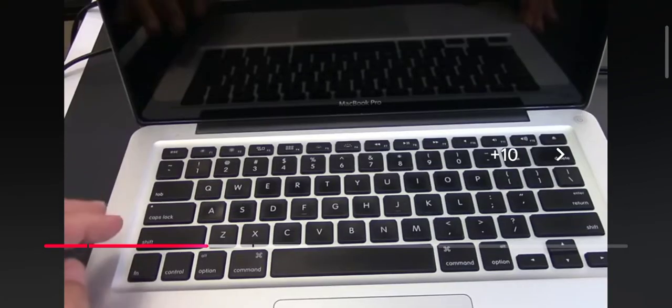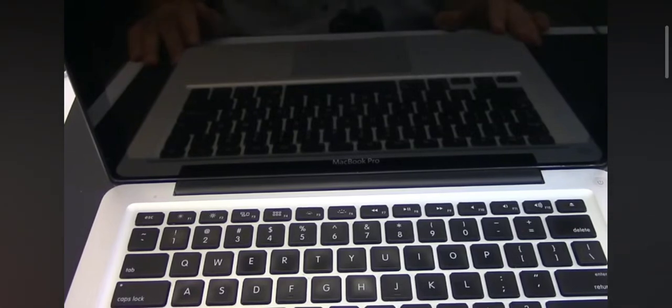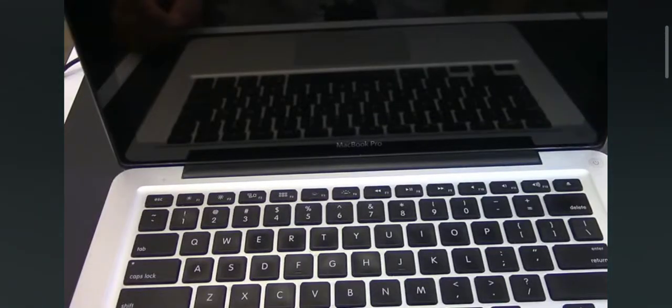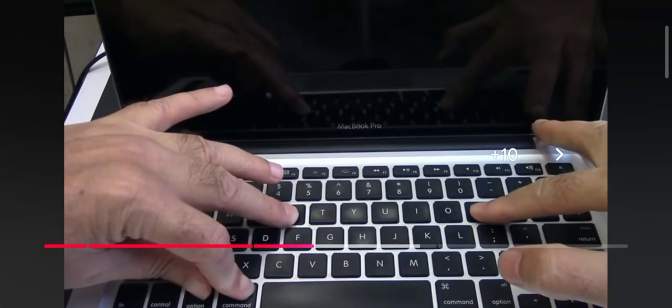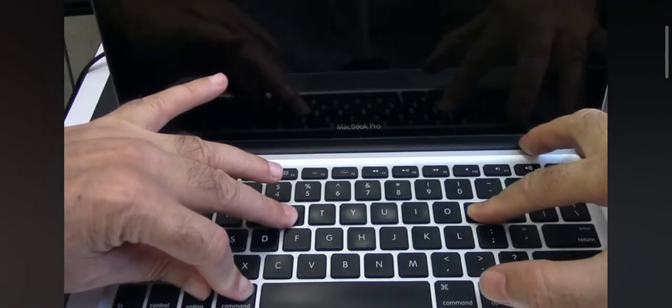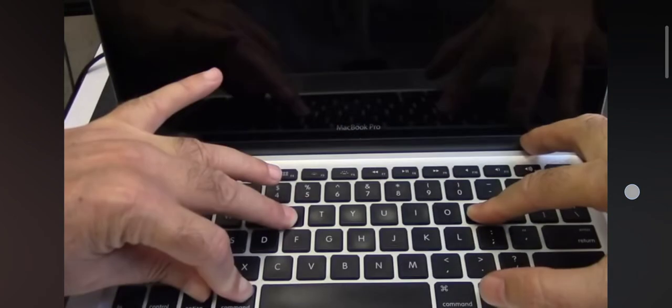The second solution is to reset the NVRAM, which stores settings that the computer needs at startup. The keys are pressed together with the power button, and you hold them.